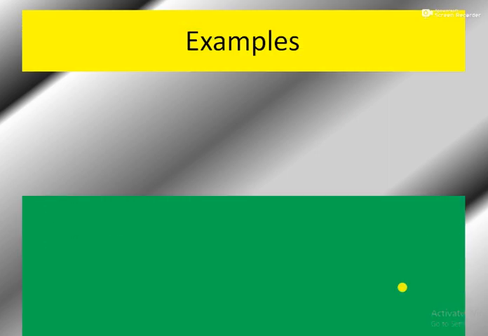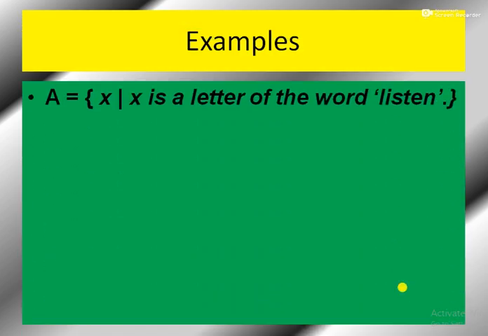So let's see some examples on it. A is the set of all x such that x is a letter of the word listen. So let us make the set A. Set A = {L, I, S, T, E, N}. This is the set of the word listen.